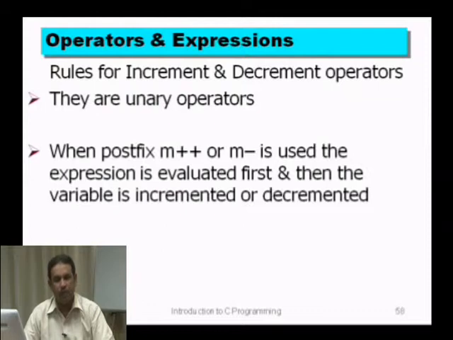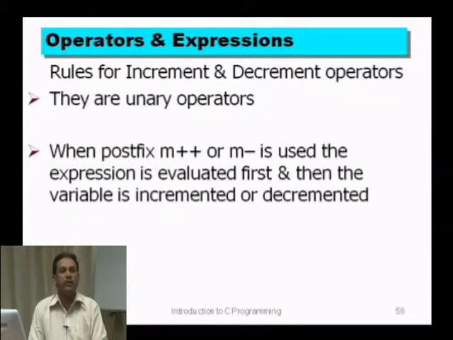Suppose you assign the value of m as 10. The same value of m is used in the expression, m value will be 10, and then the value of m is incremented or decremented. If you execute m plus plus, the value of m becomes 11 and with m minus minus, the value becomes 9. That new value is used in the next loop. Is it clear? So, the same old value is used there.